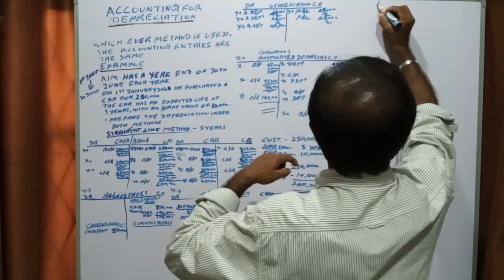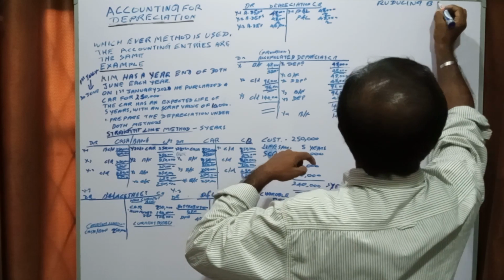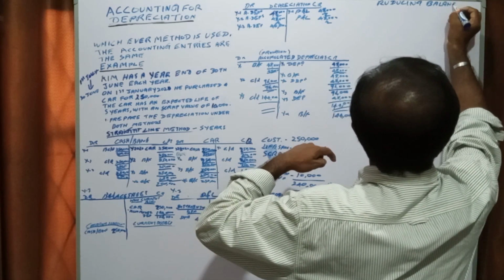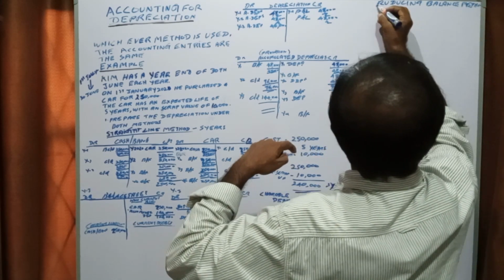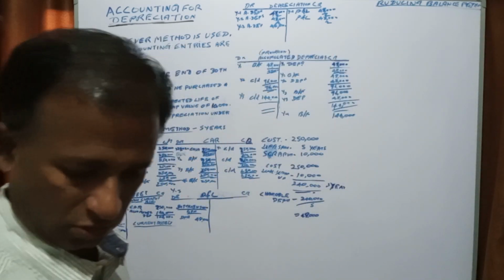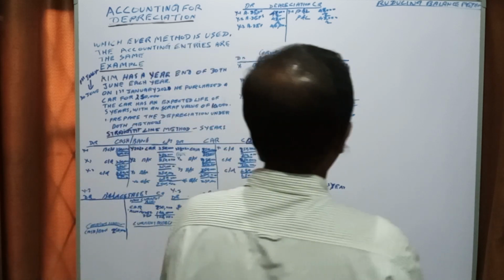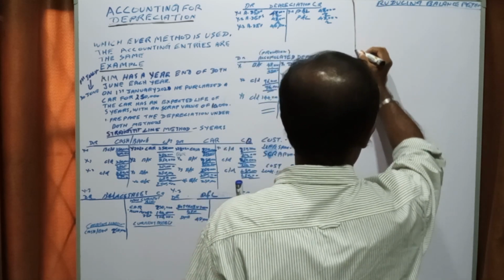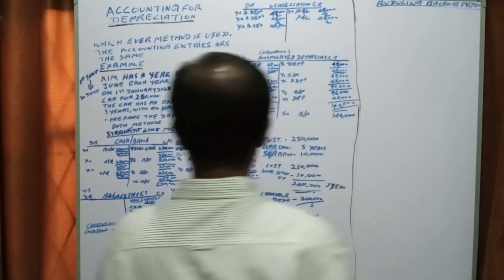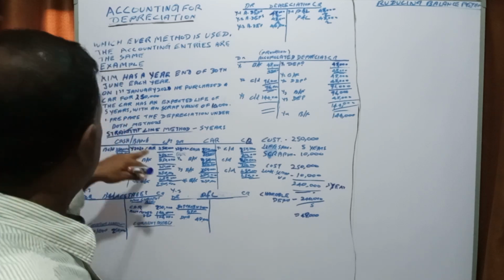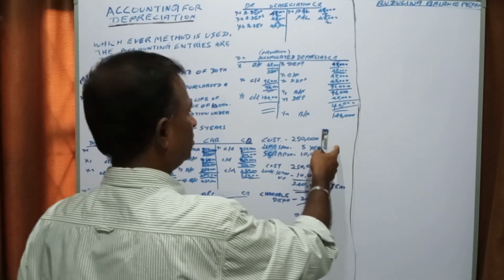Under the reducing balance method we don't bother about the lifespan.